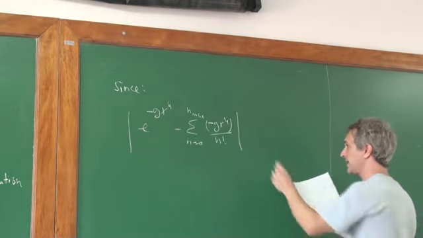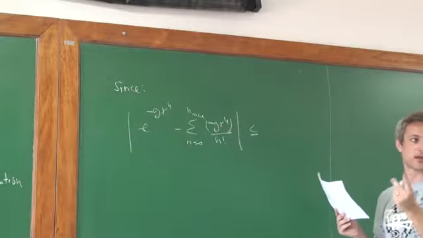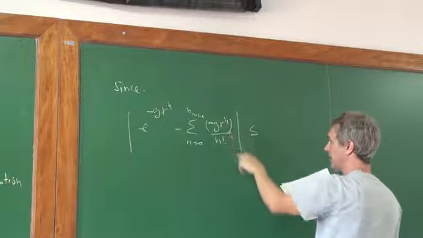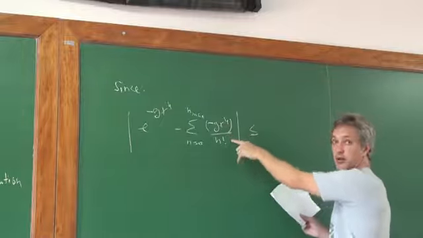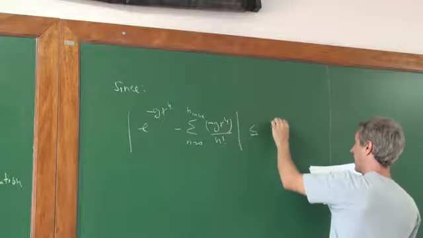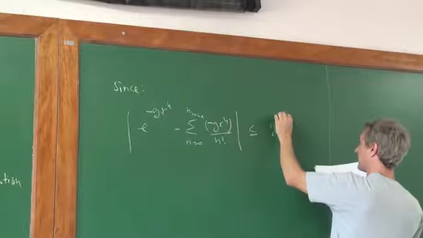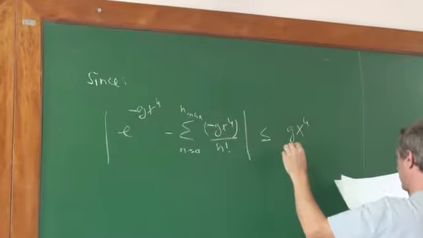But we can estimate it, because we have always a changing sign and a decreasing term. We can estimate the mistake that we make when cutting off this series by the next contribution that will appear.